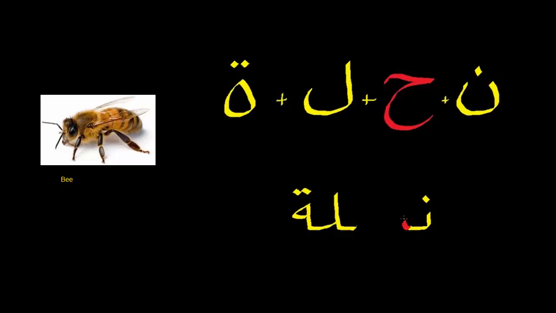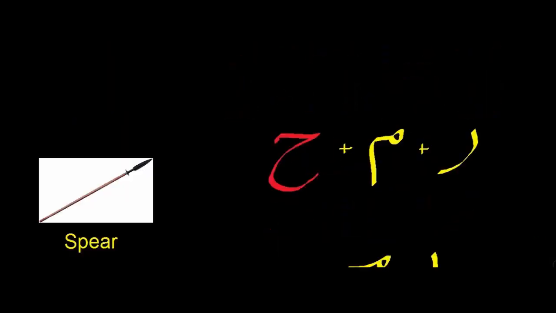We'll go a little bit up, across, back, and forward again. And now we have the word for B, which is Nahla. That's how the Ha looks like in the middle. Notice I didn't put any dots, because if I put any dots, that will change the letter to either a Jim or a Kha, depending on where I put the dot.